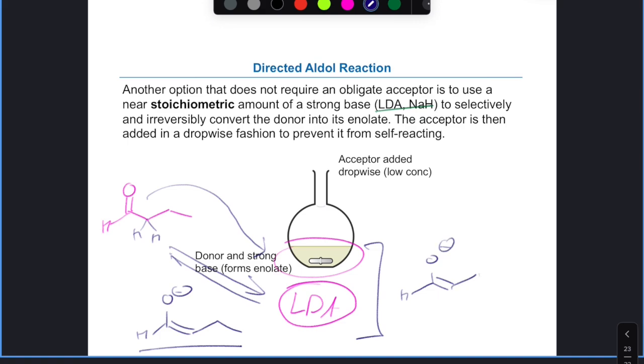Now all I have to do is carefully bring in my acceptor. This would allow me to take maybe another molecule that may allow enolate formation. Right? This is not perfect, but if I had to do it, this is how I would actually try to do it. I form my nucleophile through my LDA addition to make only a solution of my donor, the blue one at the bottom. Now I'm bringing in my acceptor.